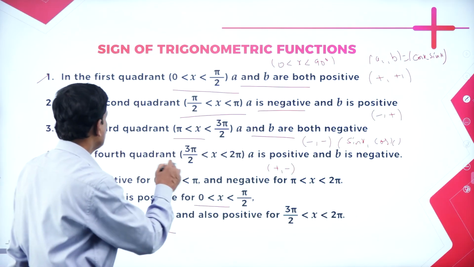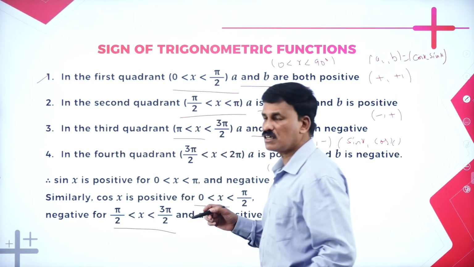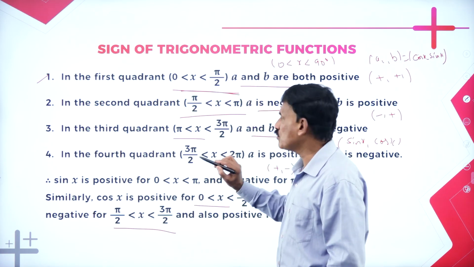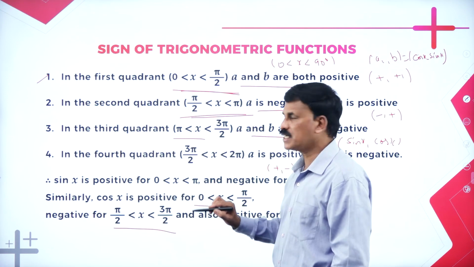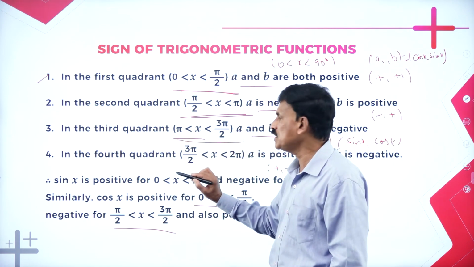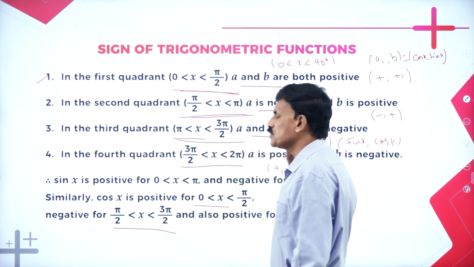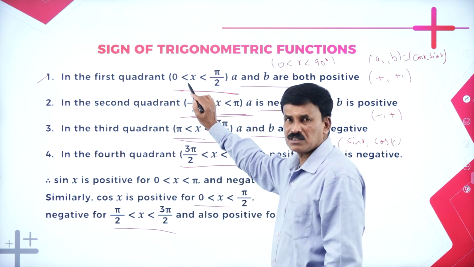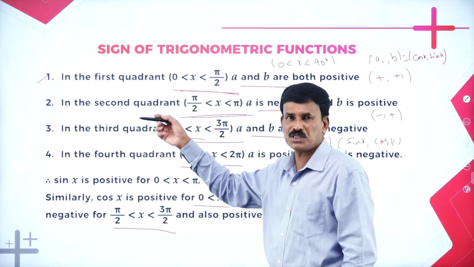So based on this, we can conclude that the first quadrant lies from 0 to 90, the second quadrant 90 to 180, the third quadrant 180 to 270, and the fourth quadrant 270 to 360. In the first quadrant all trigonometrical ratios are positive.